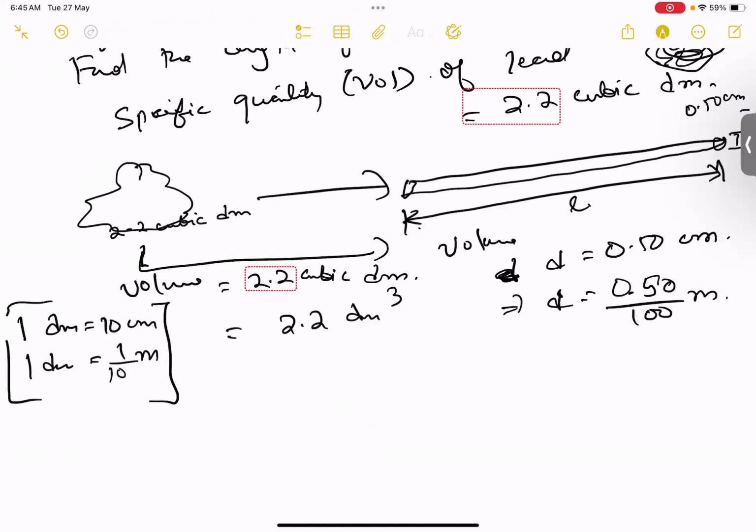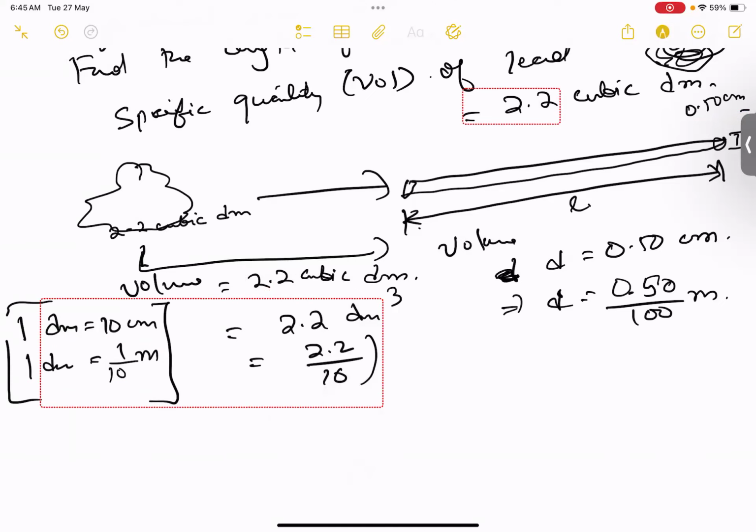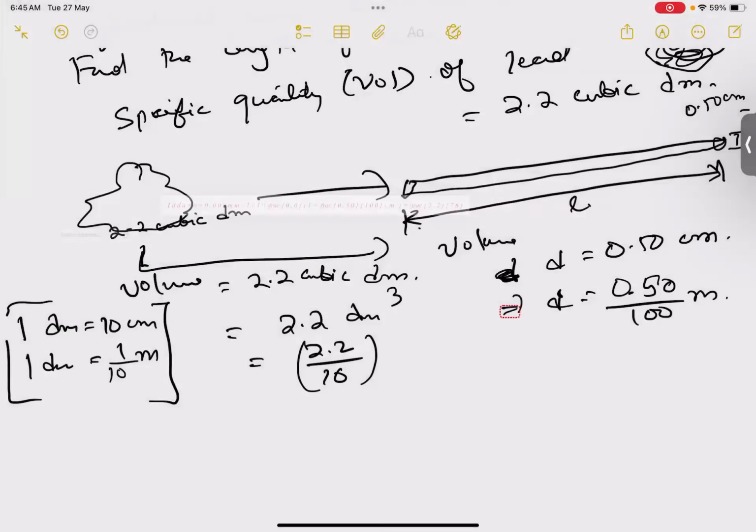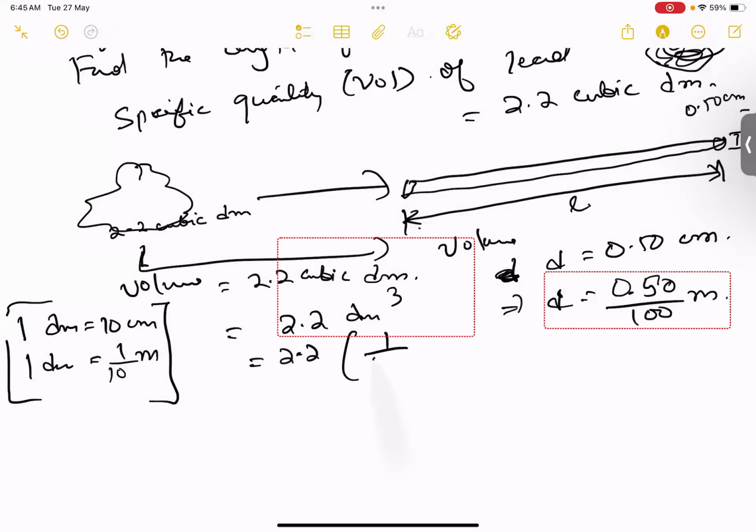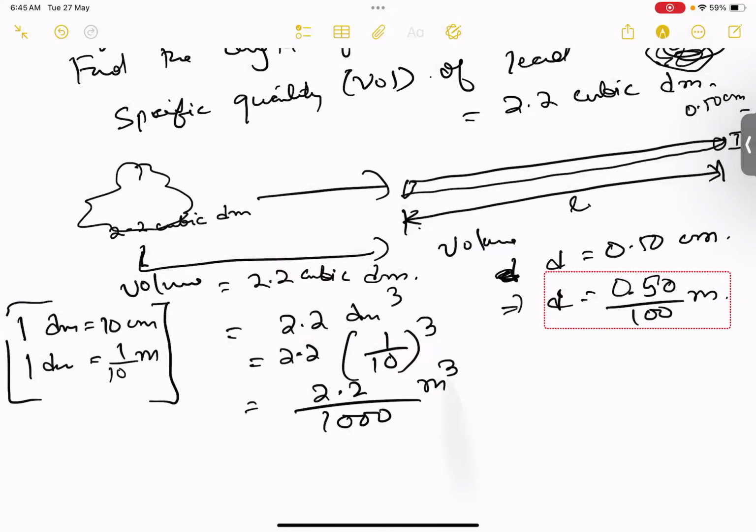So 2.2 decimeter cube is equal to 2.2 by 1000 meter cube. Now we have converted everything to meter.